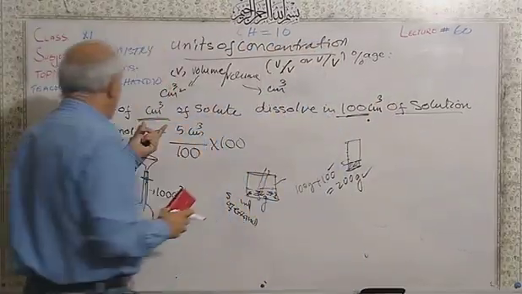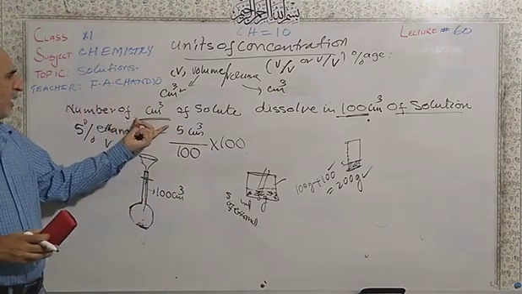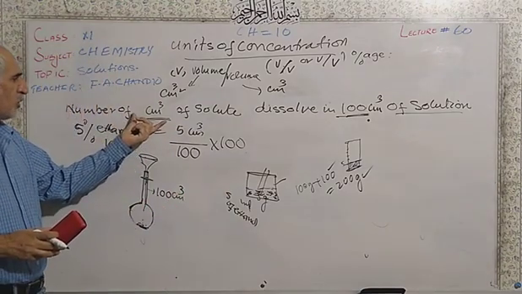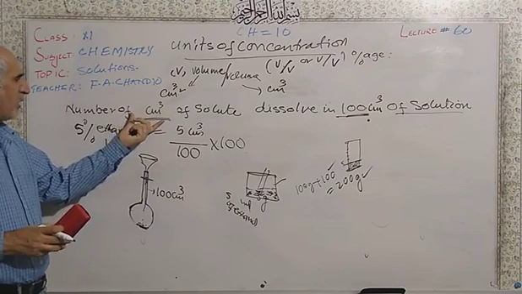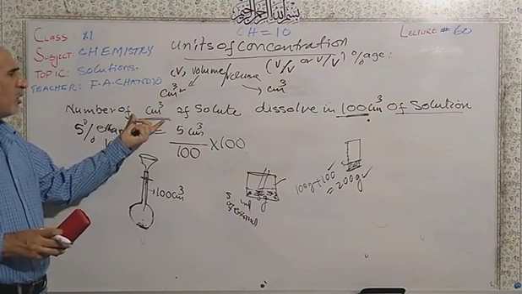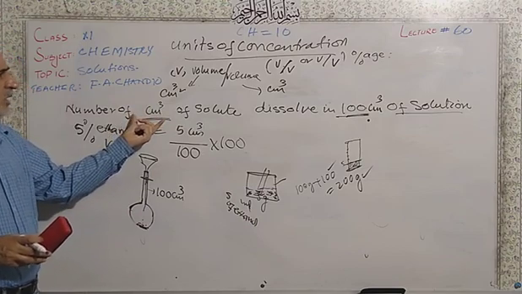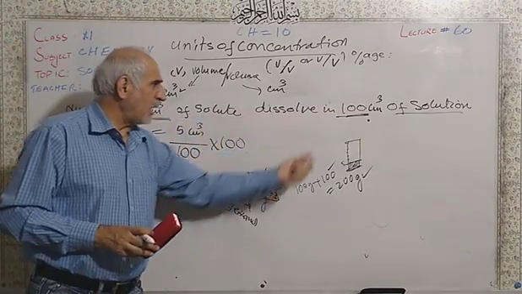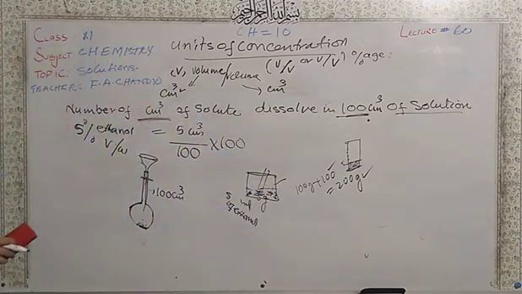So the volume of solute, 5 milliliters, 10 milliliters, whatever percentage you want to make, is dissolved to make 100 centimeter cube of solution.